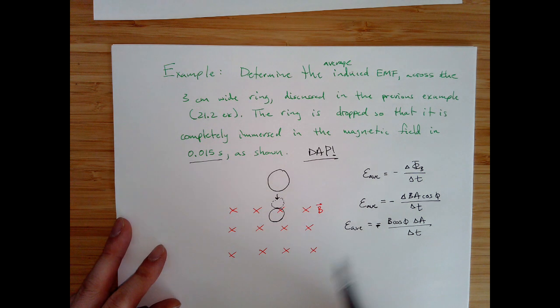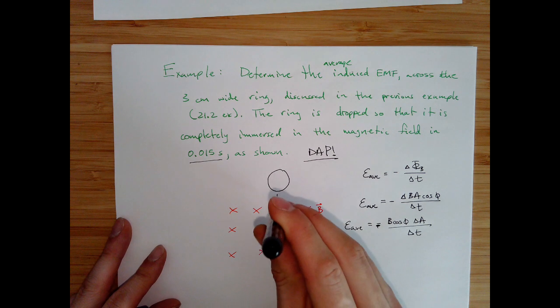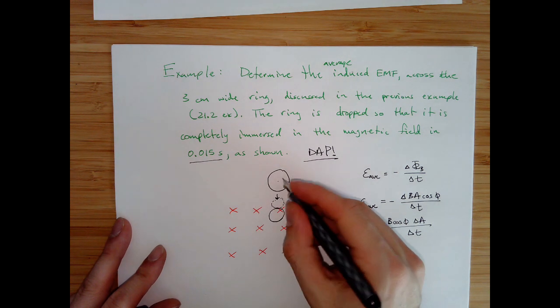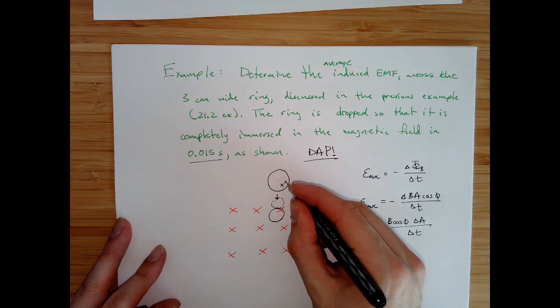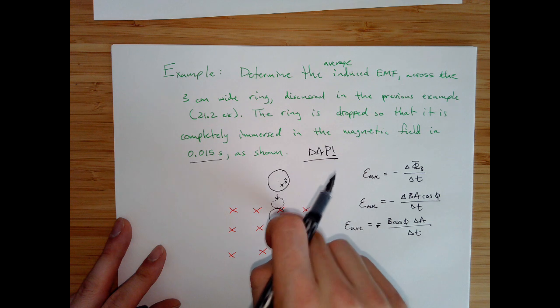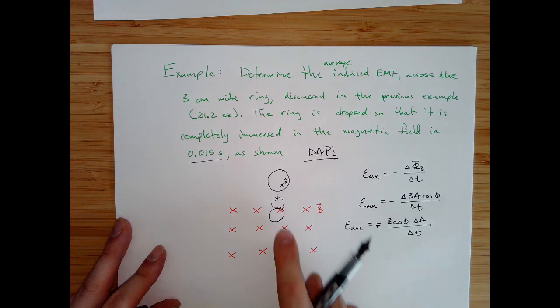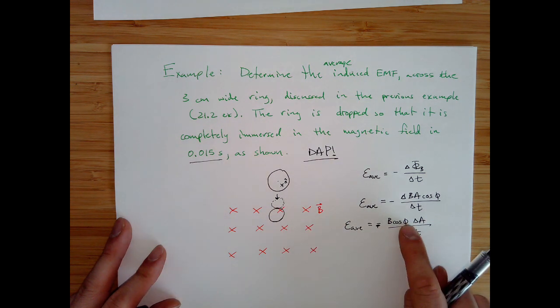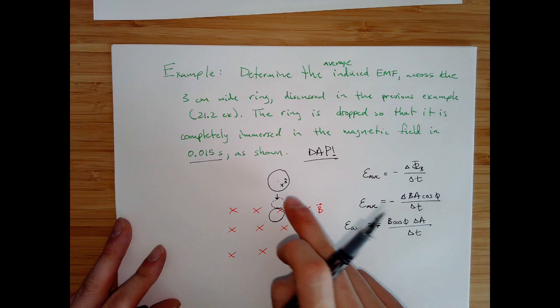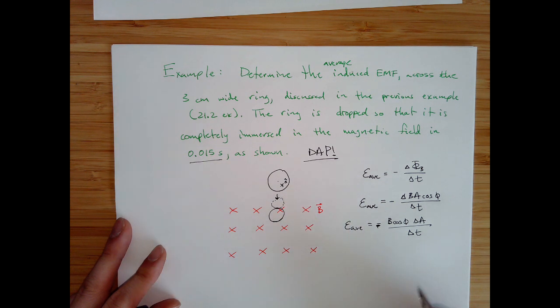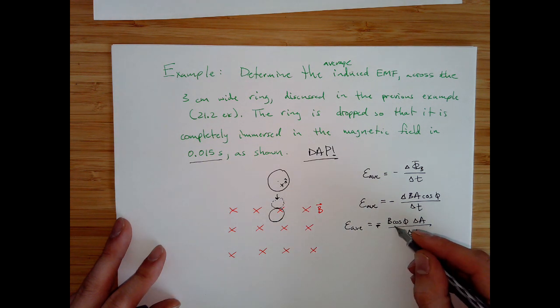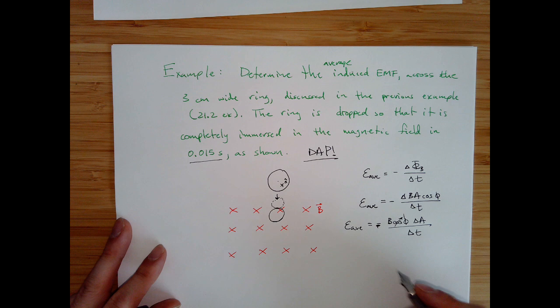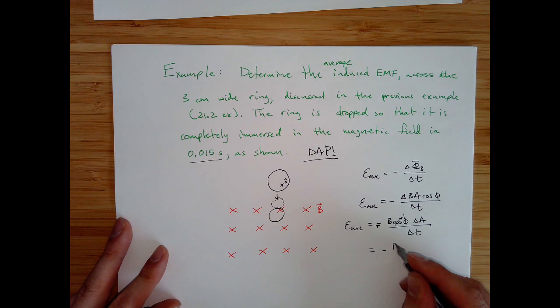Now, what is the angle between the normal vector to this area, which we could represent as an X, and the direction of the magnetic field? That angle would be phi, but as you can see, the magnetic field and the normal are parallel, so cosine of 0 is 1, and we're left with negative B delta A over delta t.